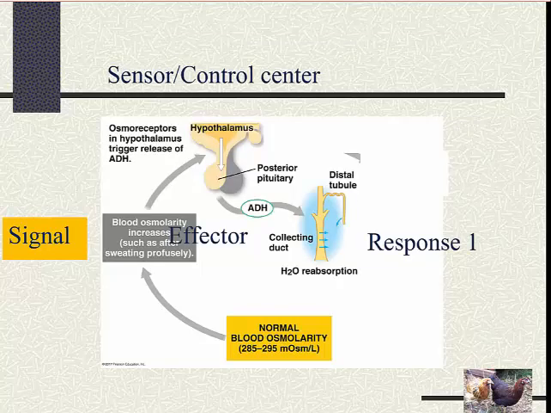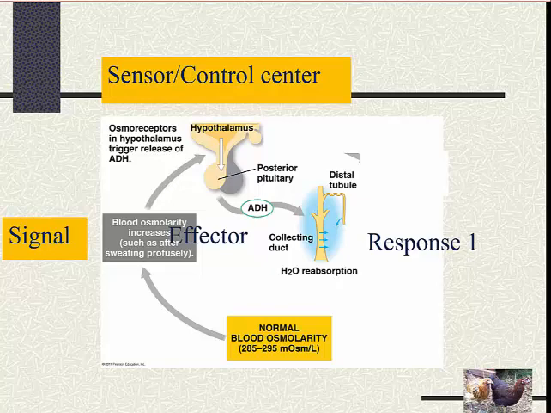This information, as discussed before, is sent to the hypothalamus, which is the sensor and control center, which, as a response to this, releases ADH, antidiuretic hormone, which can be considered an effector. And we discussed that earlier.